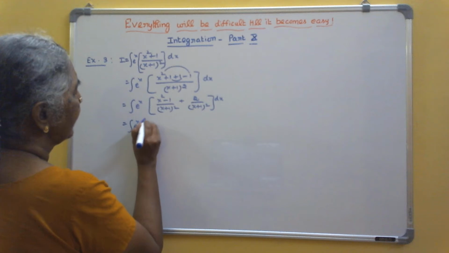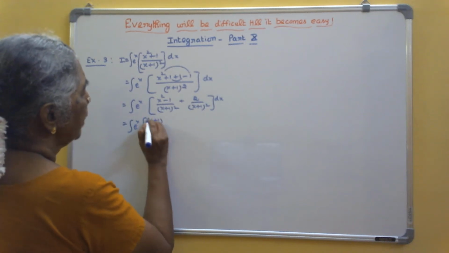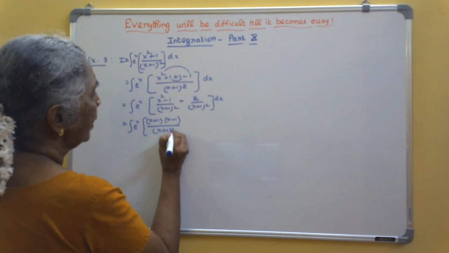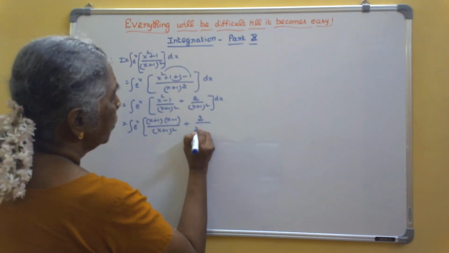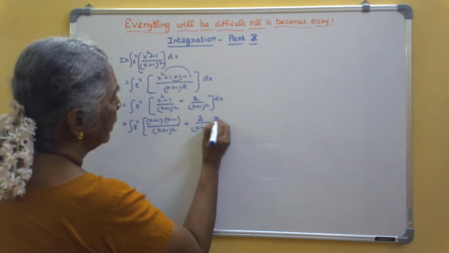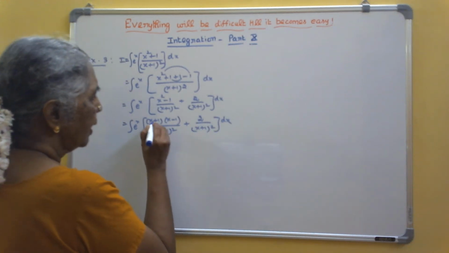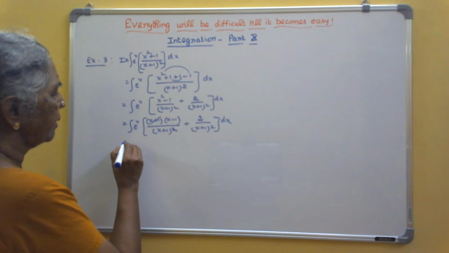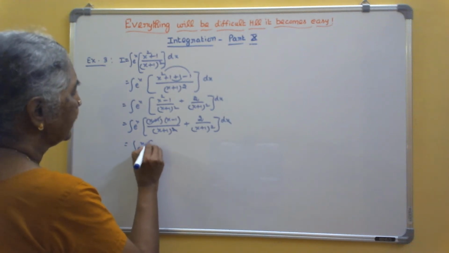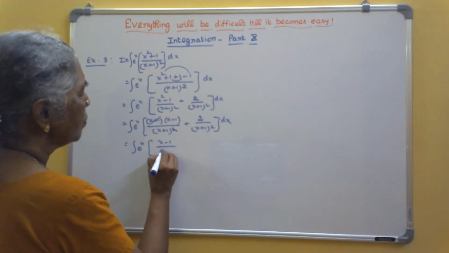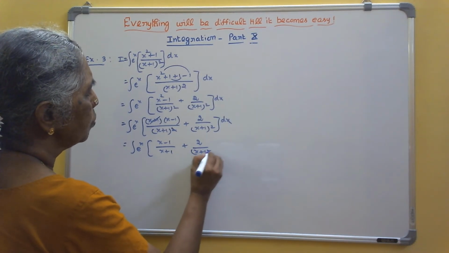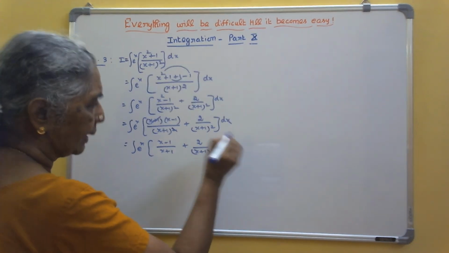So e power x into (x plus 1)(x minus 1) by (x plus 1) the whole square plus 2 by (x plus 1) the whole square dx. One (x plus 1) will get cut. So now I am getting e power x into (x minus 1) by (x plus 1) plus 2 by (x plus 1) the whole square dx.